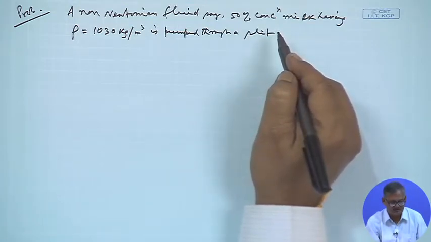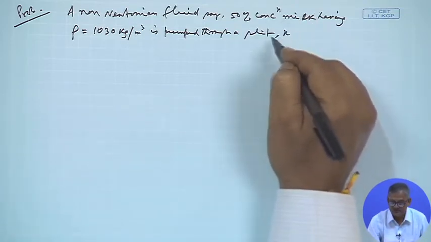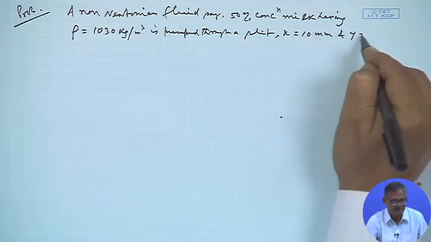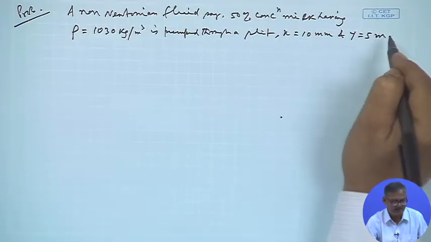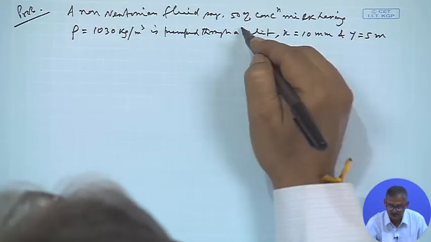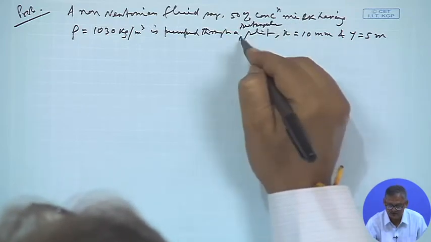The dimension of the slit is like this: x is equal to 10 millimeter and y is equal to 5 meter, a rectangular slit.